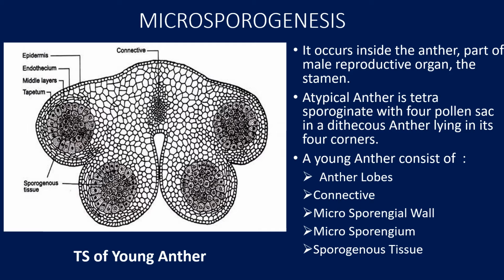Microsporangium: externally, it is covered by the epidermis of the anther. Developed hypodermally in the anther, archesporial cells divide periclinally to form outer parietal and inner sporogenous cells.